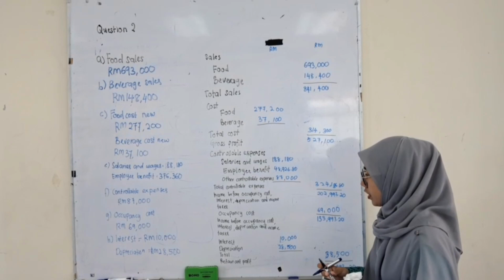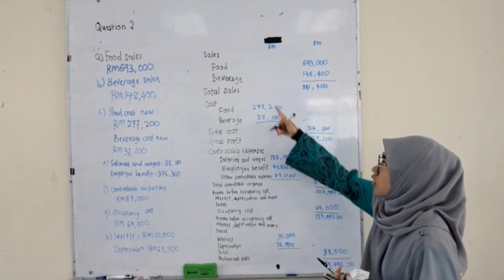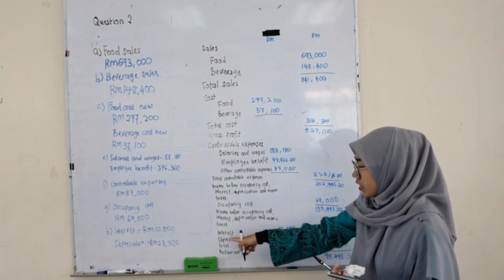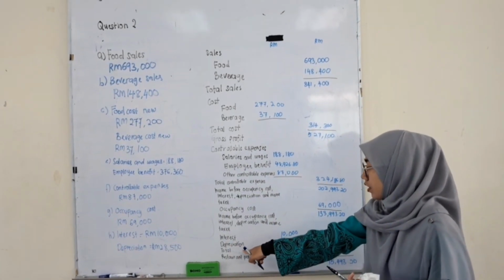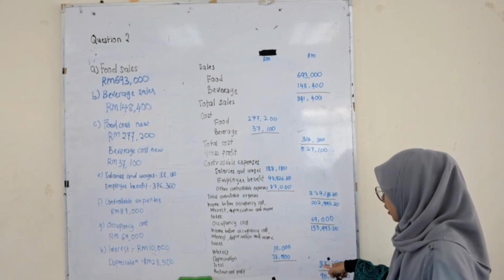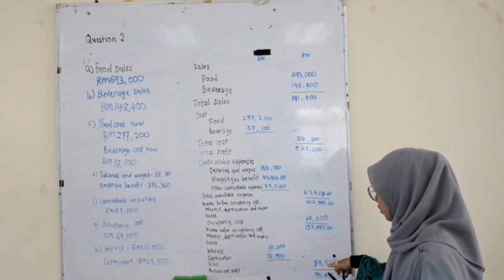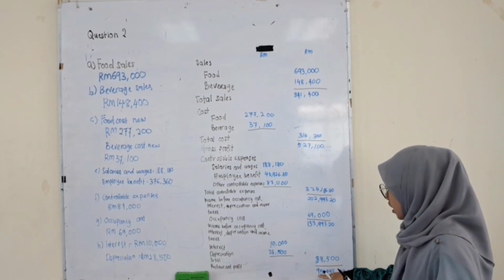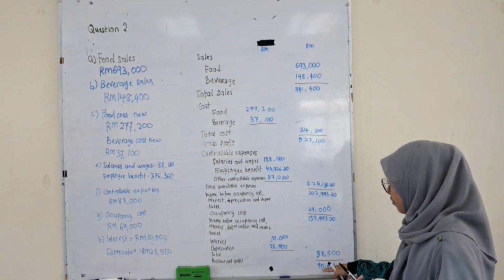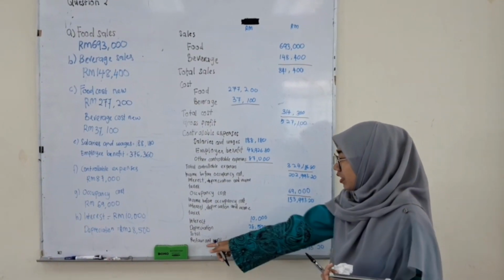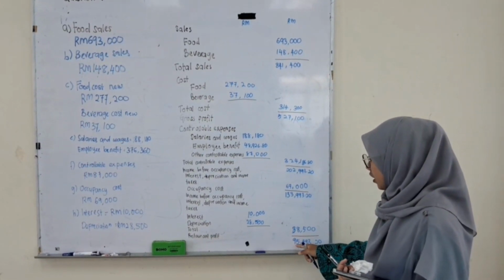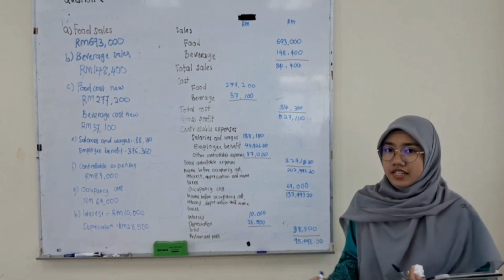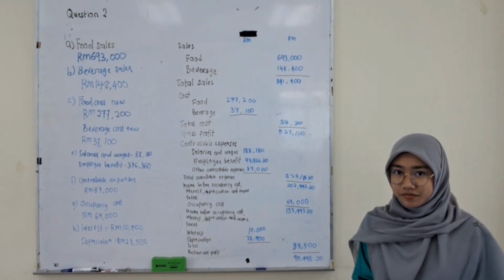So from the calculation, after we subtract all the information that is given, and the last is interest and depreciation, then we get totals 38,500, and then we get the restaurant profit is 95,493.20 for the Alexandra restaurant.